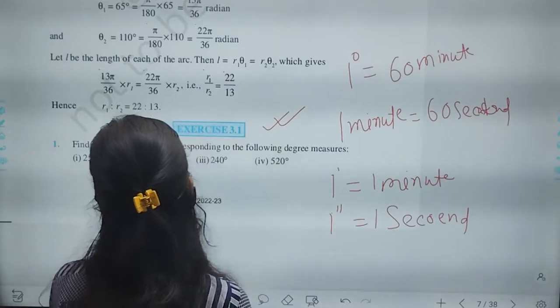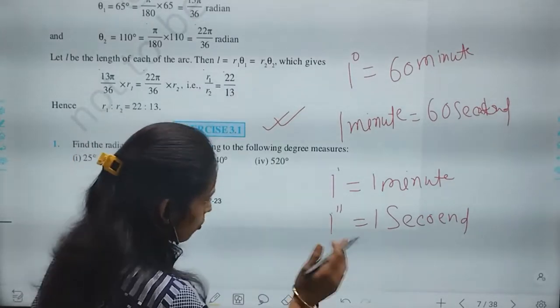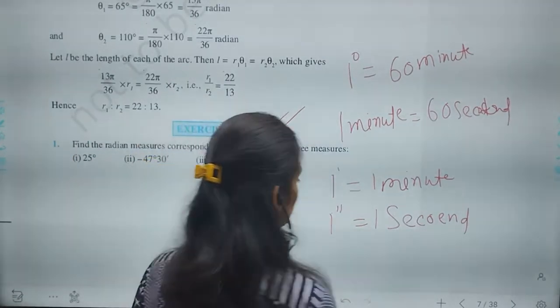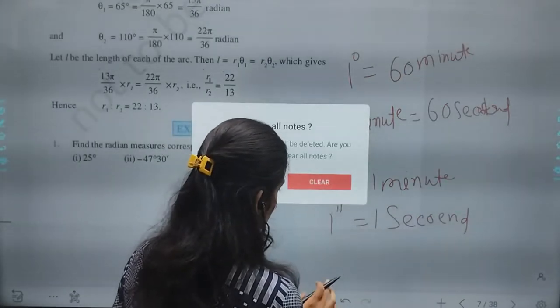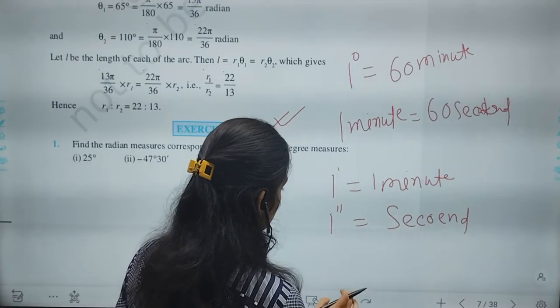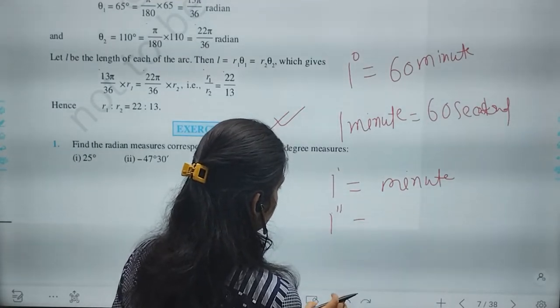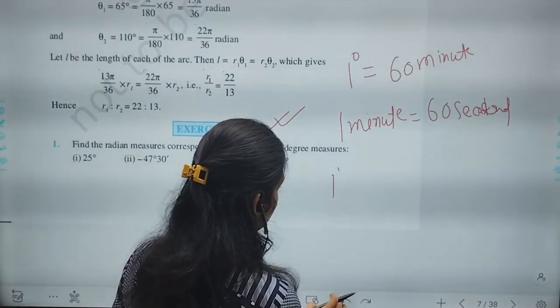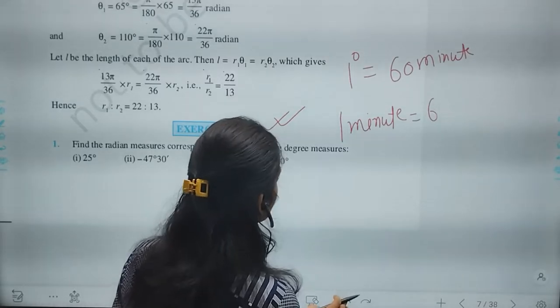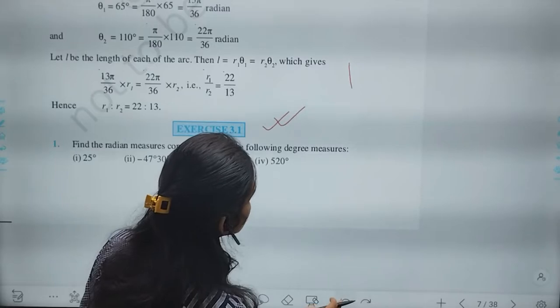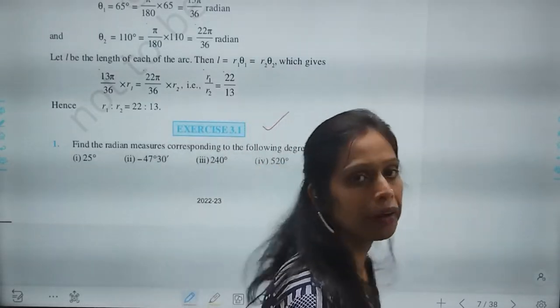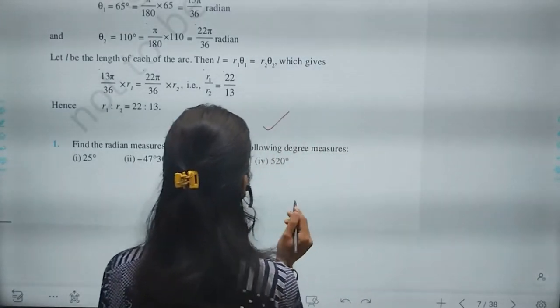Now we solve the question. The question is how to convert 25 degrees into radians.